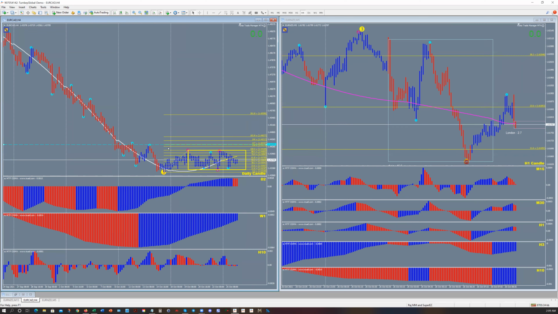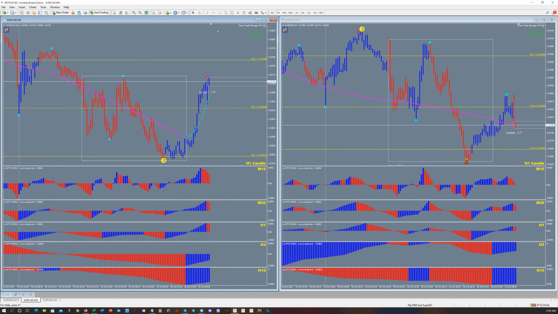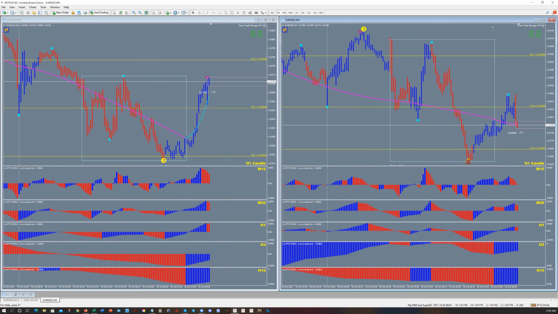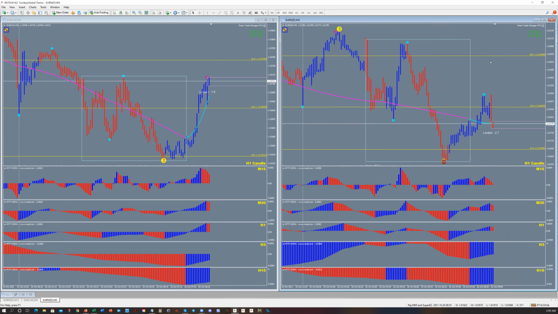That'll be a 70 pip trade. But again, that's long term. Just wait. Any other observations, questions?